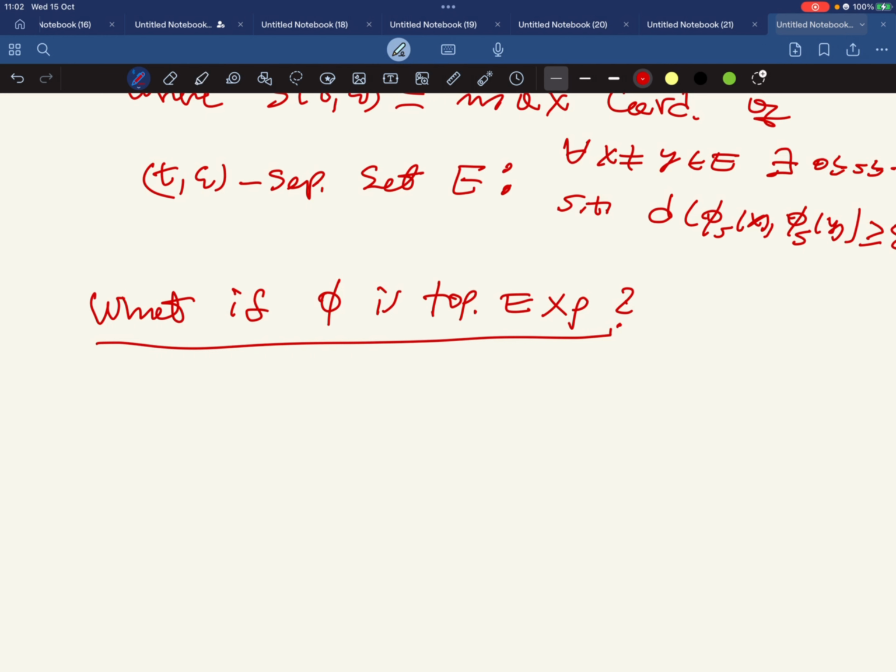To attack this question, I will introduce an entropy-like number. We are going to define this number.